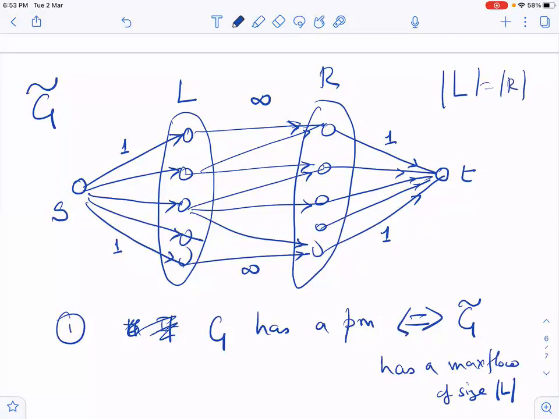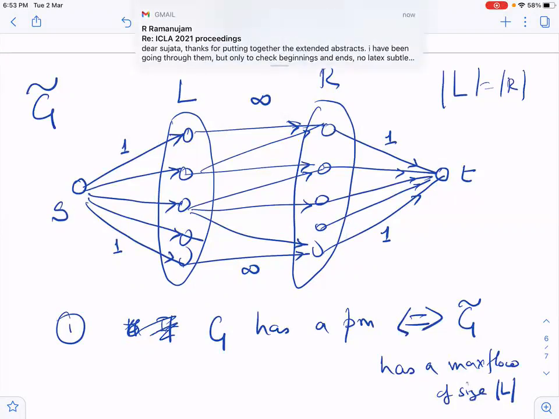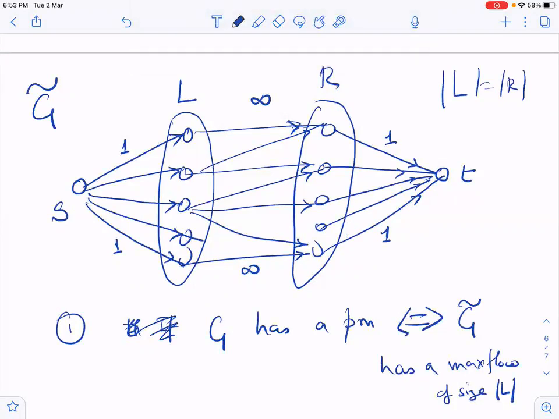What happens here is that if I have a max flow of size |L|, then by Menger's theorem, I will manage to produce |L| number of disjoint paths. And since no edge is coming back, all the paths will be of this form, so there will be only one edge used in the middle.